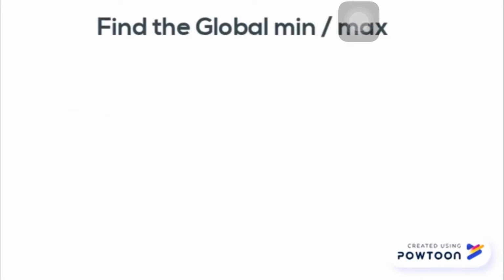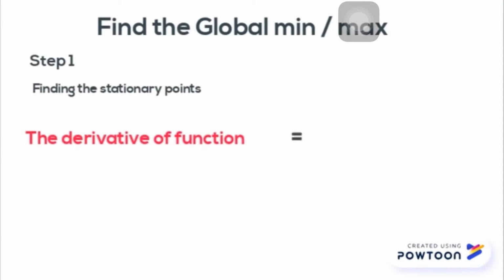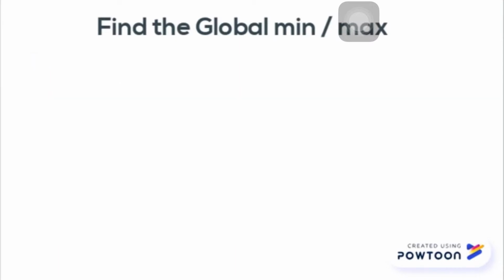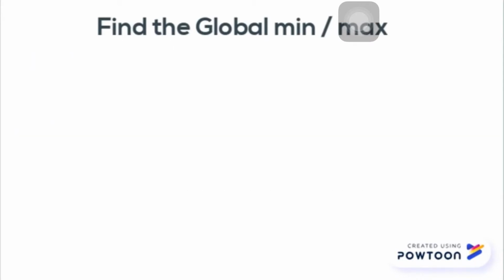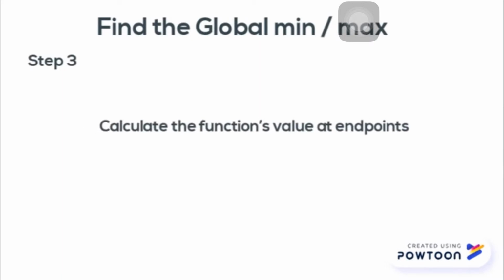To figure out which points are global max or global min, there are 4 main steps. The first step required is finding the stationary points which occur when the derivative of function equals 0. Next, we put the value of stationary points into the x location and calculate the function's value at these points. Then, we do the same things with endpoints.